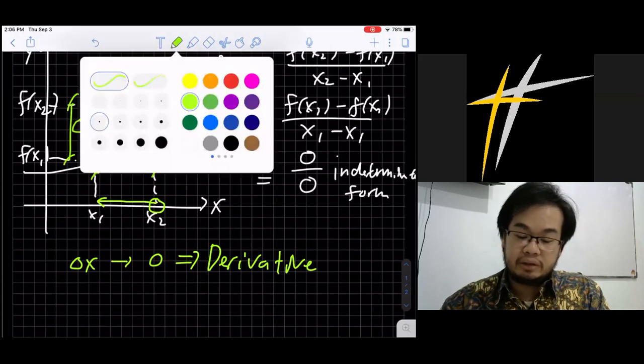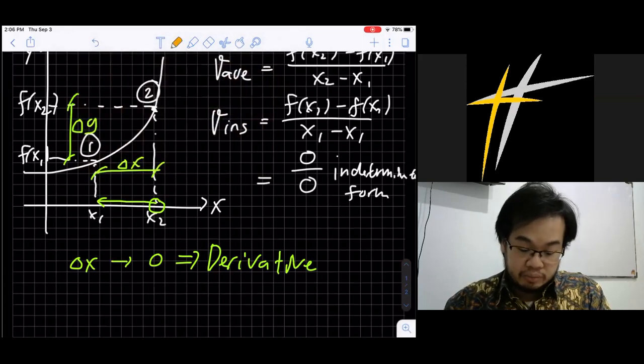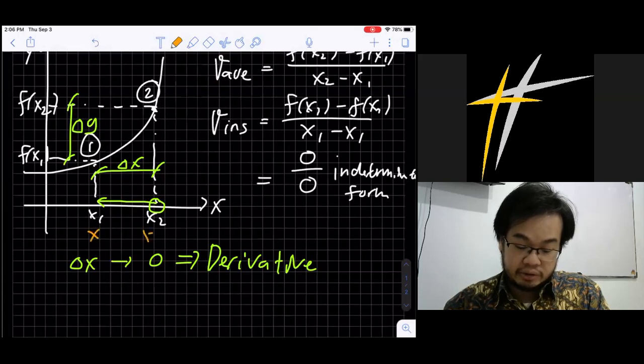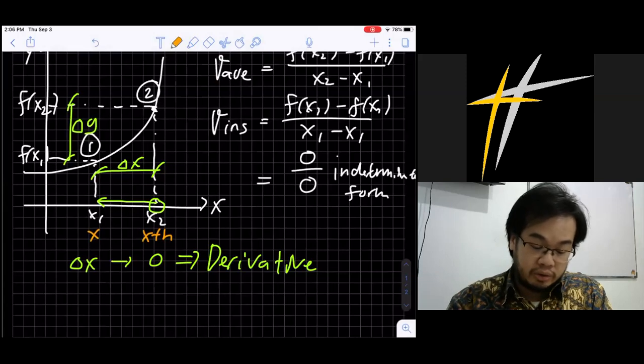So to make it general and more widely used, let's change this into x, and this is x plus h. So this point will be f of x, and this point will be f of x plus h.